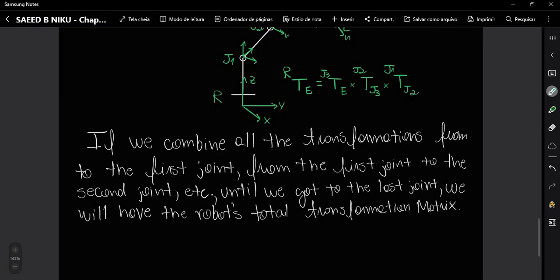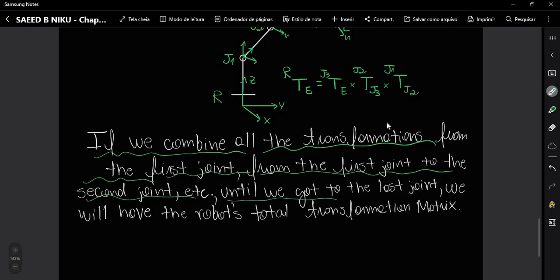If we combine all the transformations from the first joint to the second joint, and so on and so forth until we got to the last joint, we will have the robot's total transformation matrix.